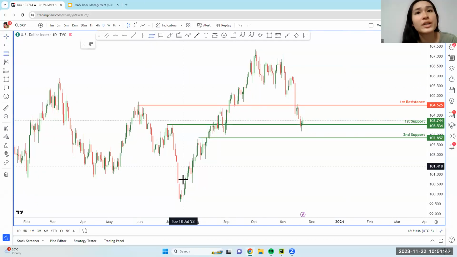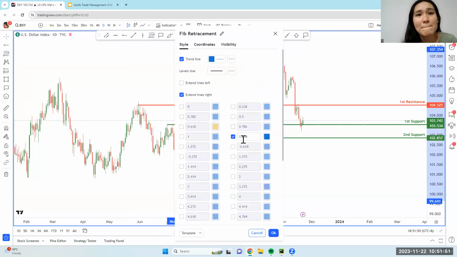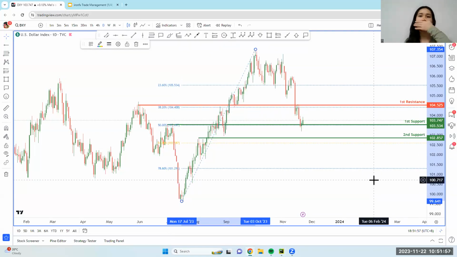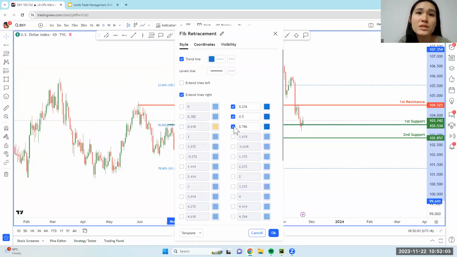Now let's go in with some Fibonacci levels again. I see price testing our 50% level here, so I'm just going to keep our 50%.